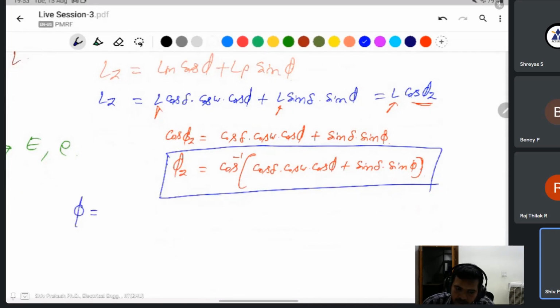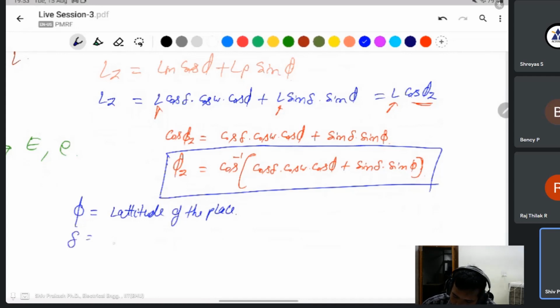Where phi is the latitude angle. It will have the place where you place the solar system.